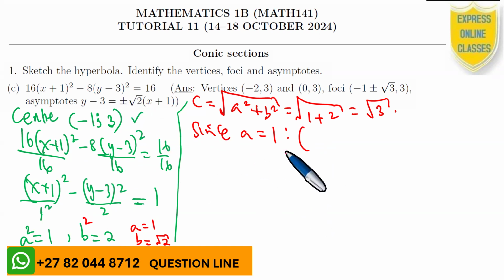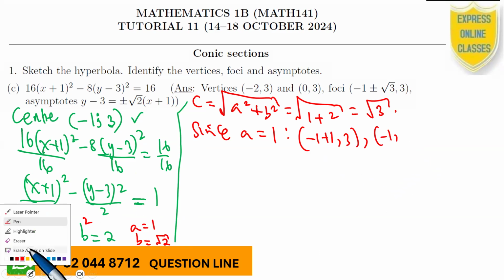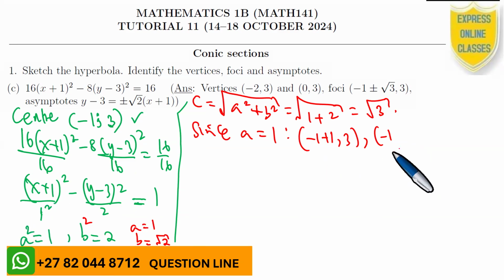So the center is minus 1; you add 1, and also you subtract 1.